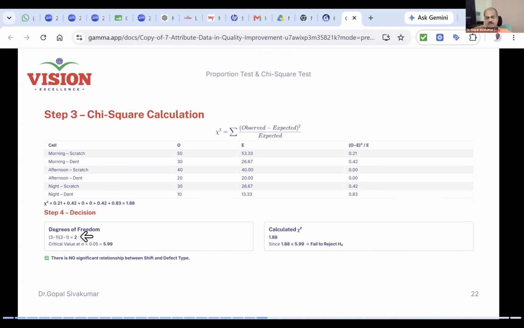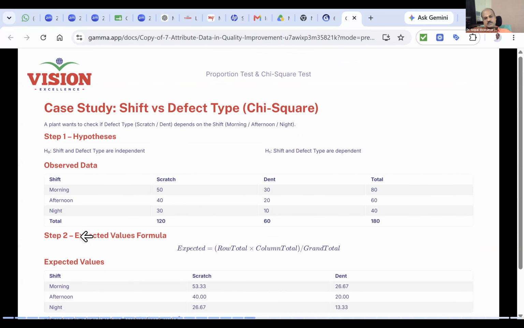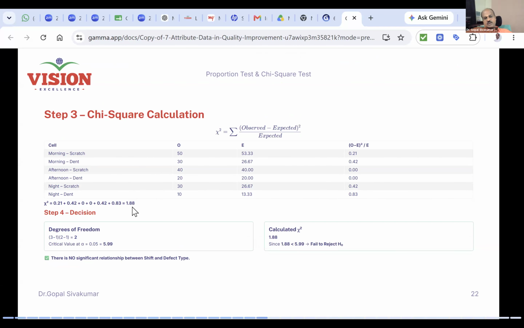For a degree of freedom of 2 and chi-square value of 1.88, at a 5% level of significance, the tabulated chi-square value is 5.99. But what is very important is this value can be converted into a P value.